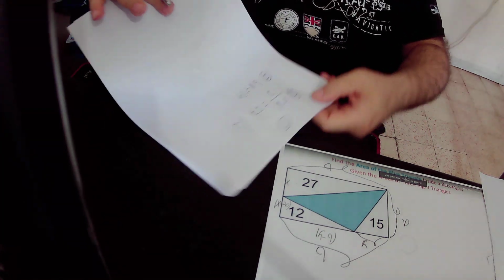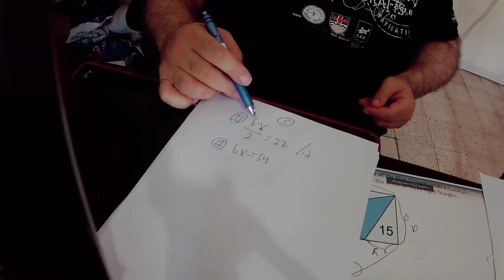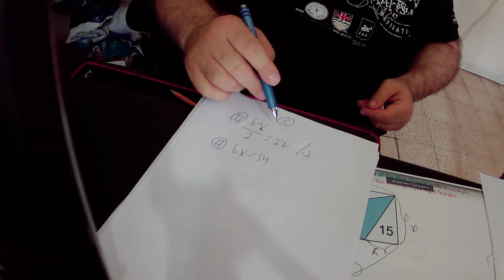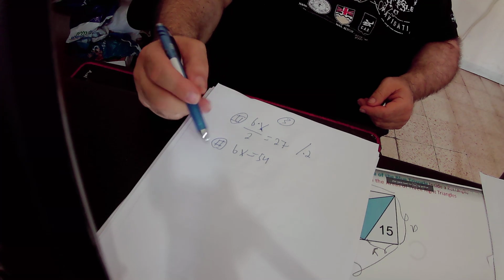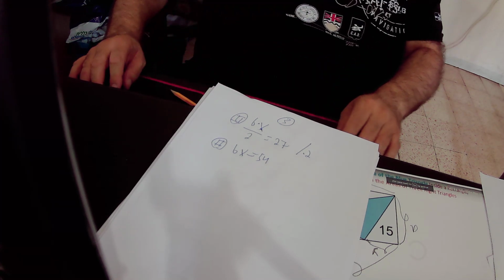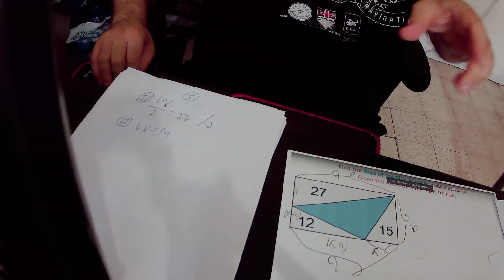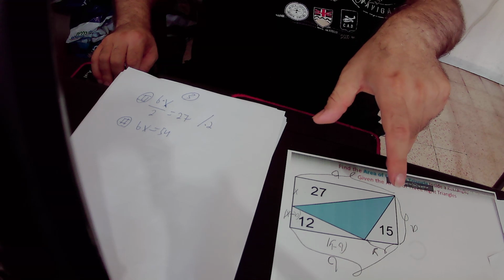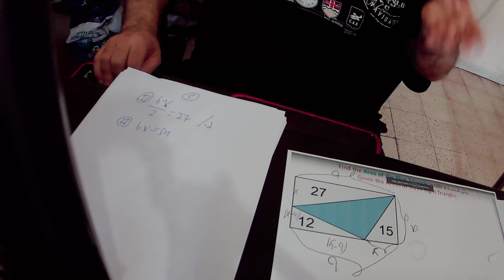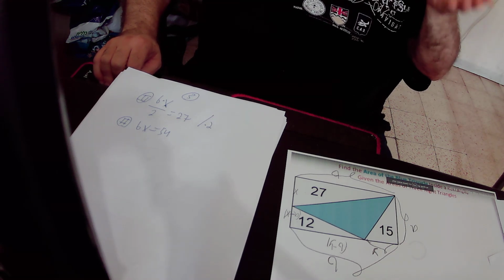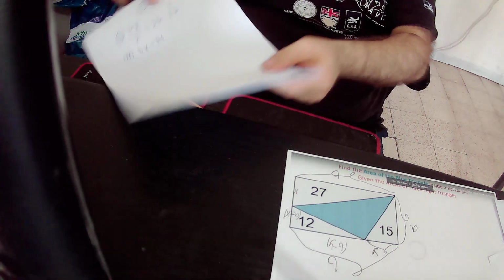So after we multiplied both sides by 2, we got here b times x equals 27 times 2, which is 54. We can divide both sides of the equation by b, because b is actually the length of the rectangle, and the length of a rectangle is always positive. It can never be 0, so we can divide both sides of the equation by b.